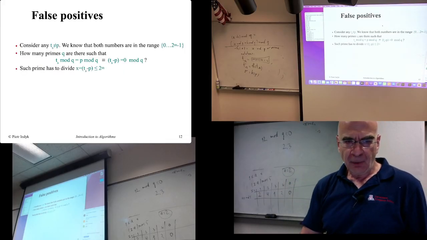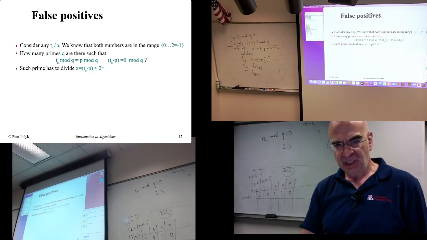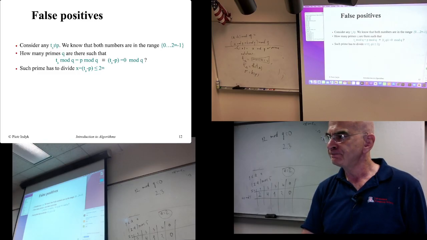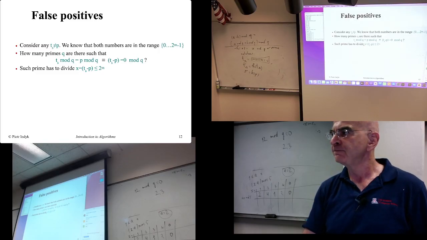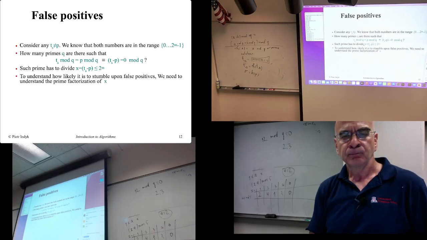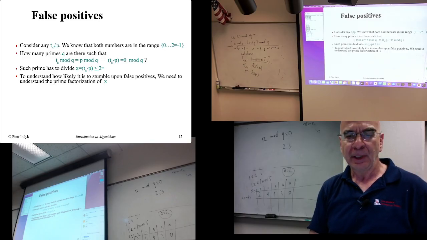So how many primes do I have such that X equals T of S minus P, which are smaller than 2 to the m, are divided by this prime? From this point, it was new material, at least for me, and new ideas.